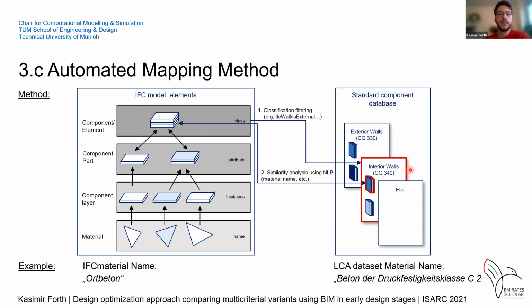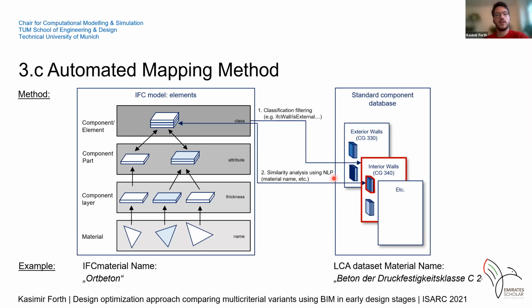In the next step, I'm conducting a similarity analysis using natural language processing. I'm basically looking at all the information we have. It could also be incomplete information. Maybe we already have some materials defined in the IFC element. If not, we can also use the description or the name of the IFC element, and use that to conduct a similarity analysis using natural language processing.